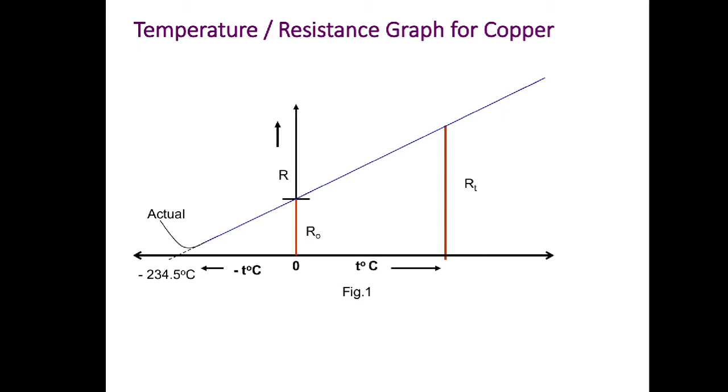As the temperature is increased, it is represented by R_T, and when this line is extended towards the negative side, it touches at minus 234.5 degrees centigrade, which is the initial temperature for copper.